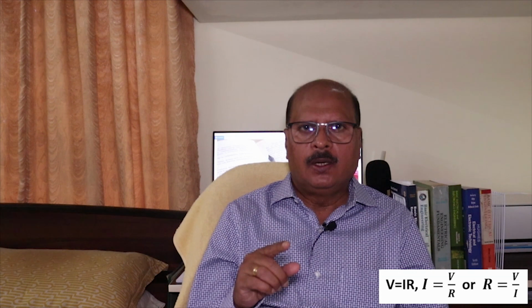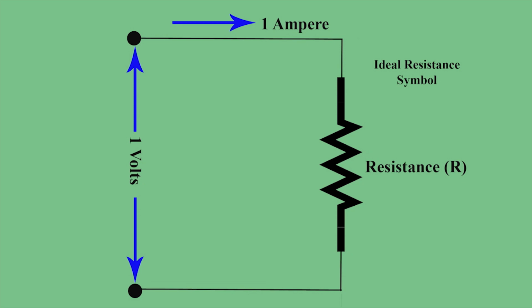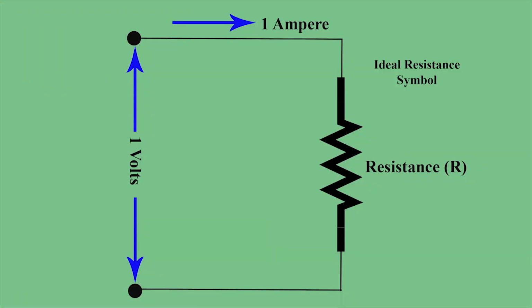As per Ohm's law, V is equal to I into R, or I is equal to V by R, or R is equal to V by I. If a voltage V is applied to a resistance connected across this voltage, a current will flow through that resistance. The amount of current flowing will depend upon the value of resistance and voltage.